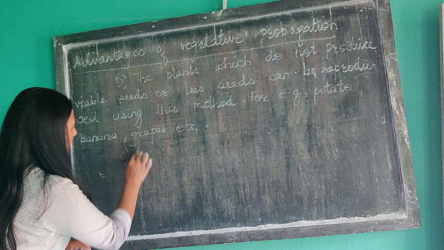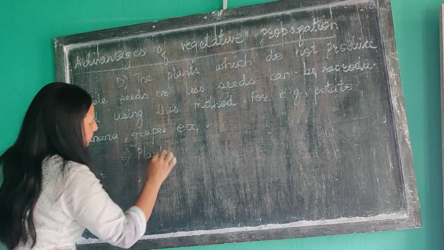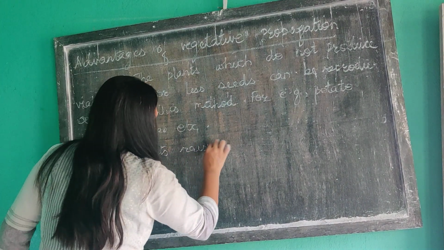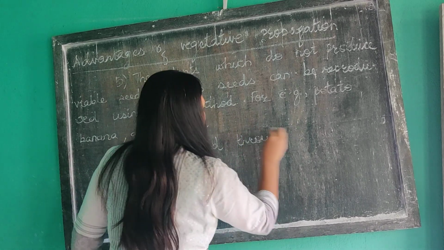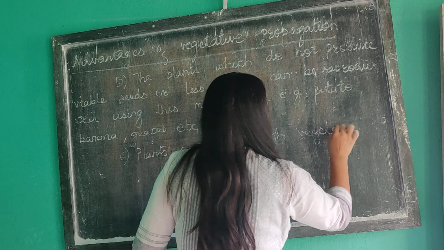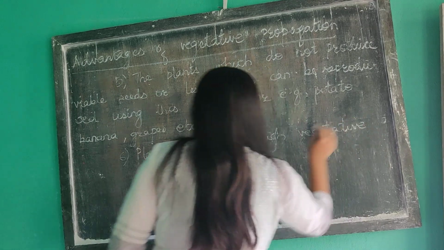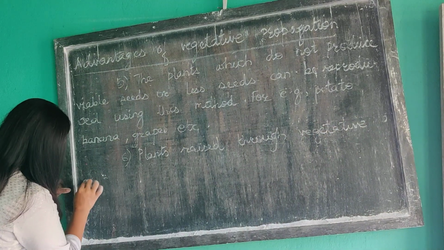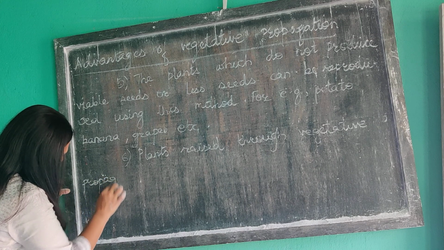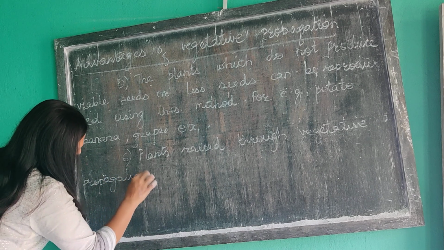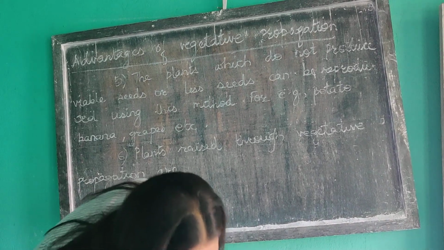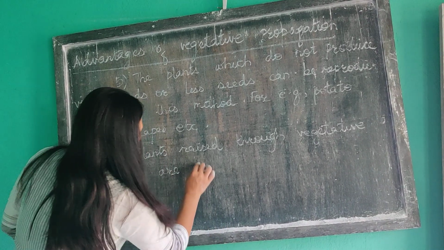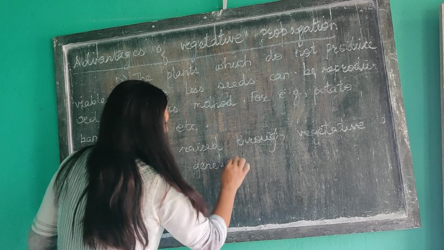Okay, so plants raised through vegetative propagation are genetically identical.